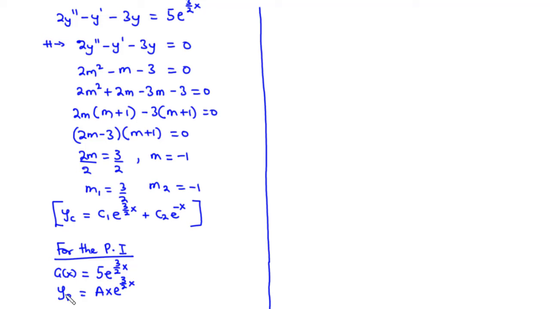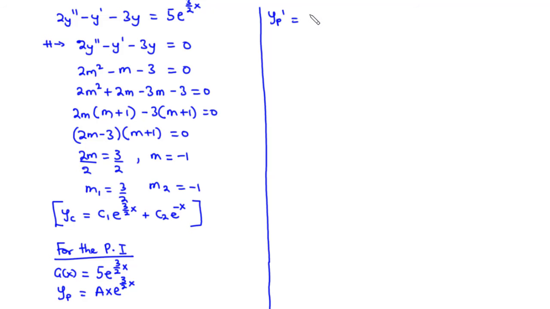Now we are going to find yp prime and then yp prime prime. So for yp prime, we are going to apply the product rule for differentiation here. So we are going to select ax as one, e to the power 3 over 2x as the other.